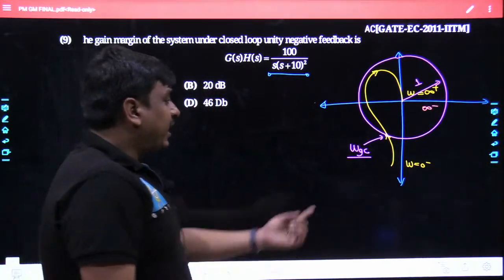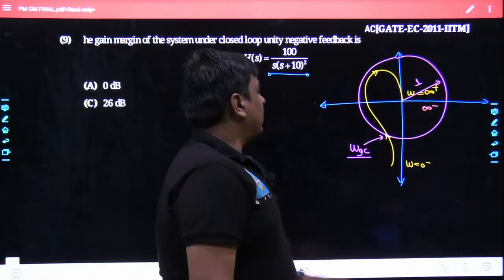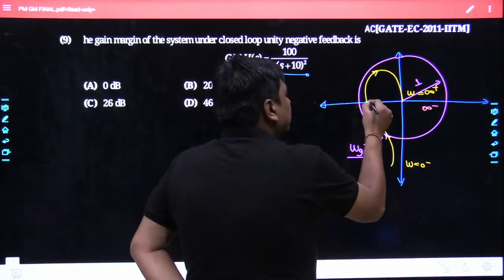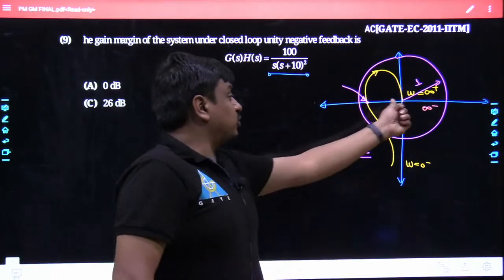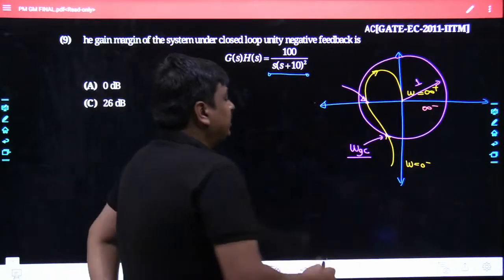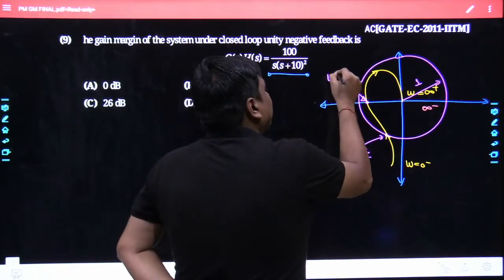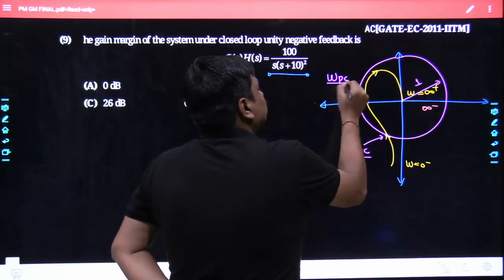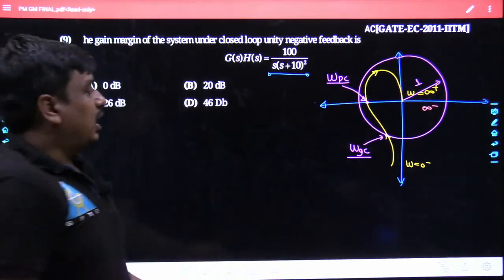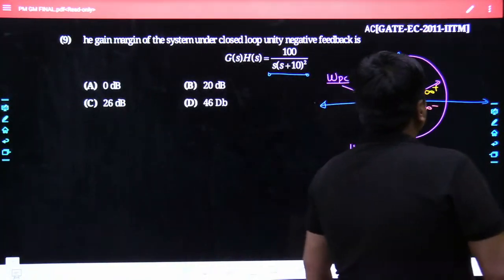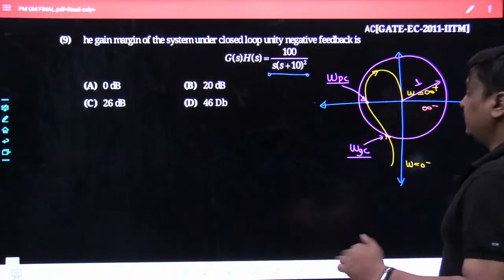Agreed? And as the value of omega is increasing, now exactly at this point, the angle offered by the OLTF is crossing through the minus 180 degree. So this is the operating frequency omega PC. Agreed? I would repeat once again because this is the point where many of us used to have difficulties.